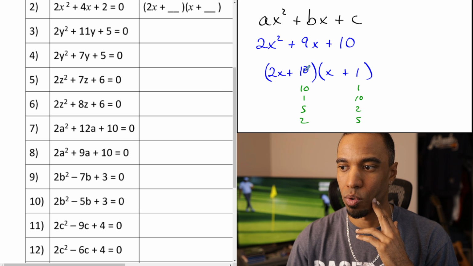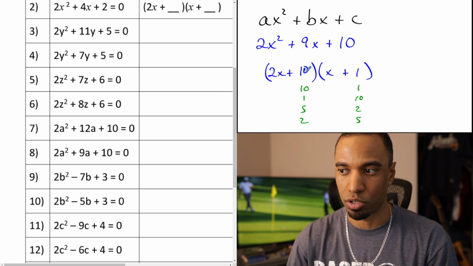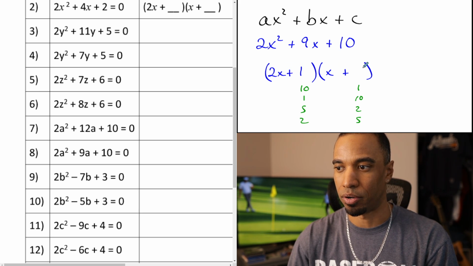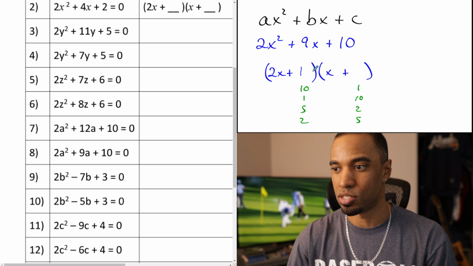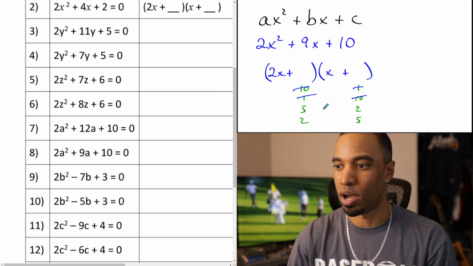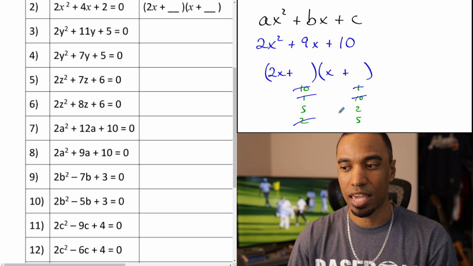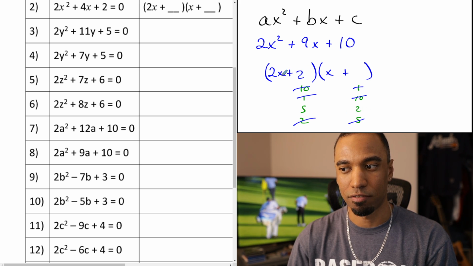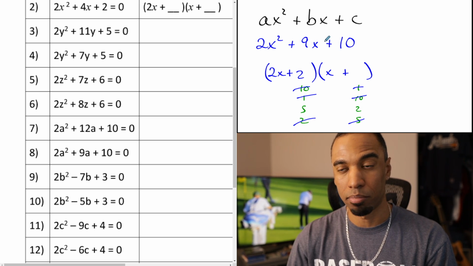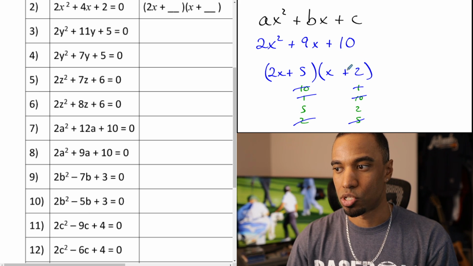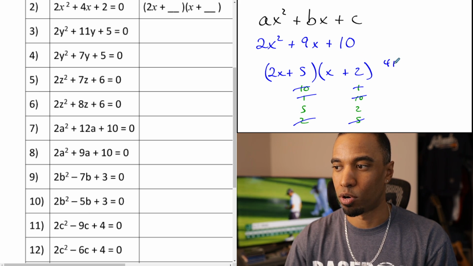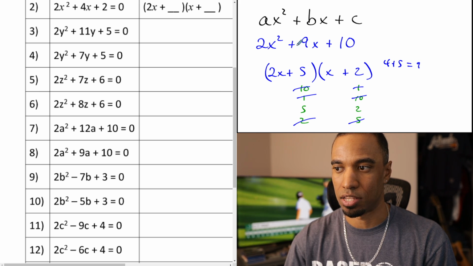I know this automatically won't work because if this has a common factor of 2, I should have been able to factor it out earlier, so I'm not even going to test it. 2 times 10 is 20. Not even a chance. So it's got to be something with 5 and 1, or 5 and 2, or 2 and 5. It can't be 2 and 5 for the same reason. If I can factor out a 2 from there, and I couldn't before, that's not going to work. So the only chance is 5 and 2. 2 times 2 is 4. 5 times 1 is 5. 4 plus 5 equals 9. And there's the answer. We got 9 and 10.